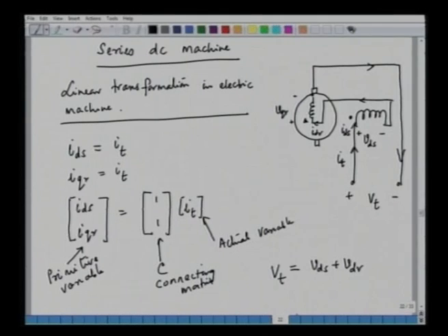So, I can rewrite this in a matrix form. If I rewrite this in a matrix form, I will have the following expression.